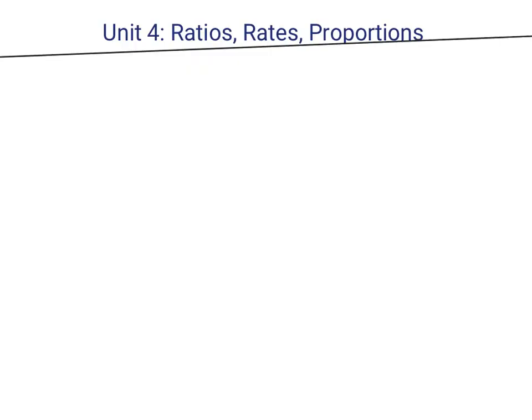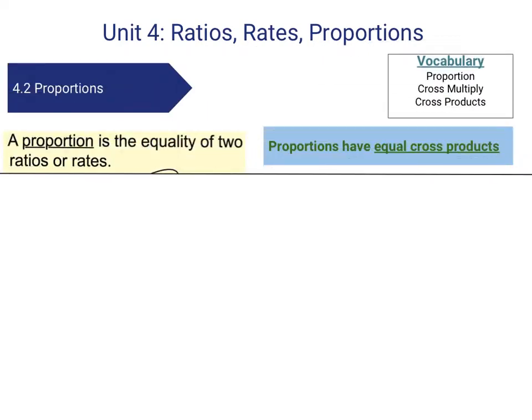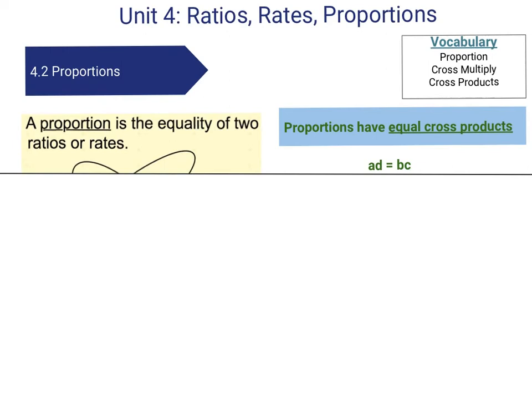When things are proportional, as you guys said, they are related in similar ways. So when we have similarities, we have proportions. And the most important thing that you need to know from the word proportion is that proportions are called the equality of two ratios or rates. They're related to each other in the same way.